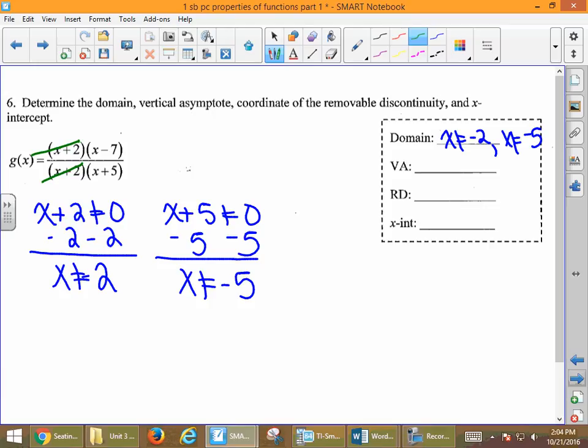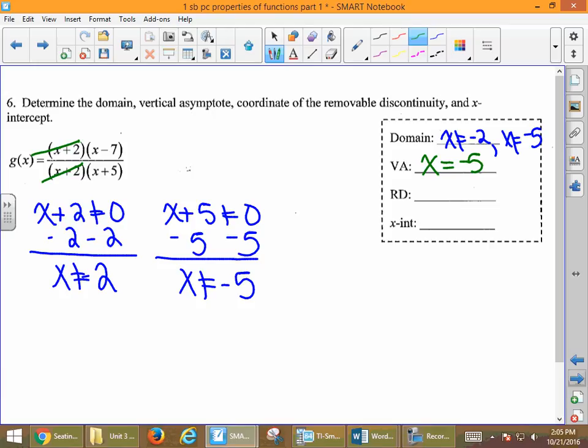So if we cancel out the x plus 2, for our vertical asymptote we're simply going to have x equals -5. We can type it in our calculator, we can look at the picture. That will be where the gap is.